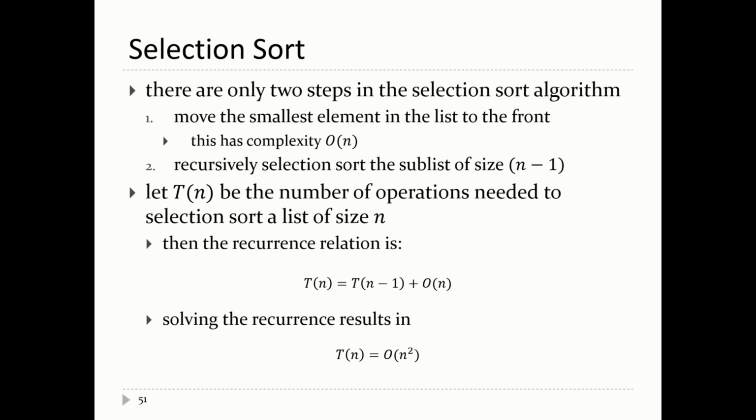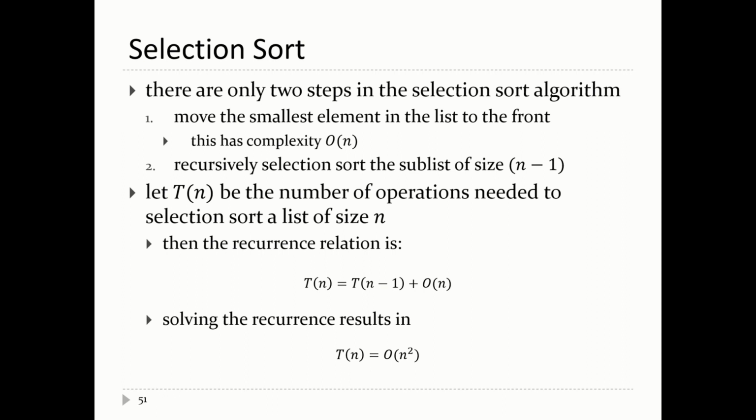So if I substitute k equals n minus 1 into this thing here, you get t of n minus 1 plus k n times n minus 1, minus this sum.